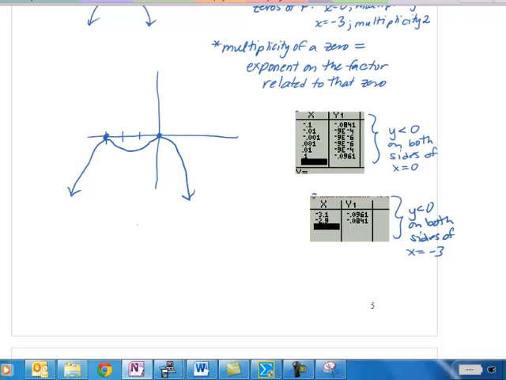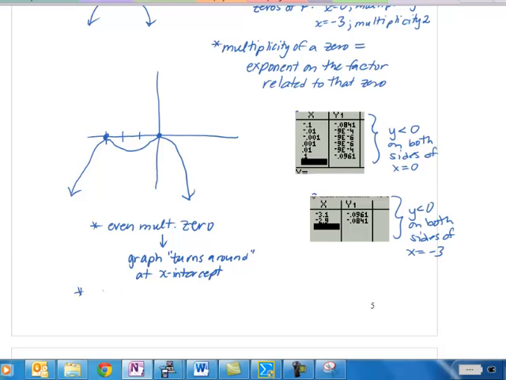So what we're going to see is that if we have an even multiplicity 0, the graph turns around or bounces off the axis at the related x-intercept.